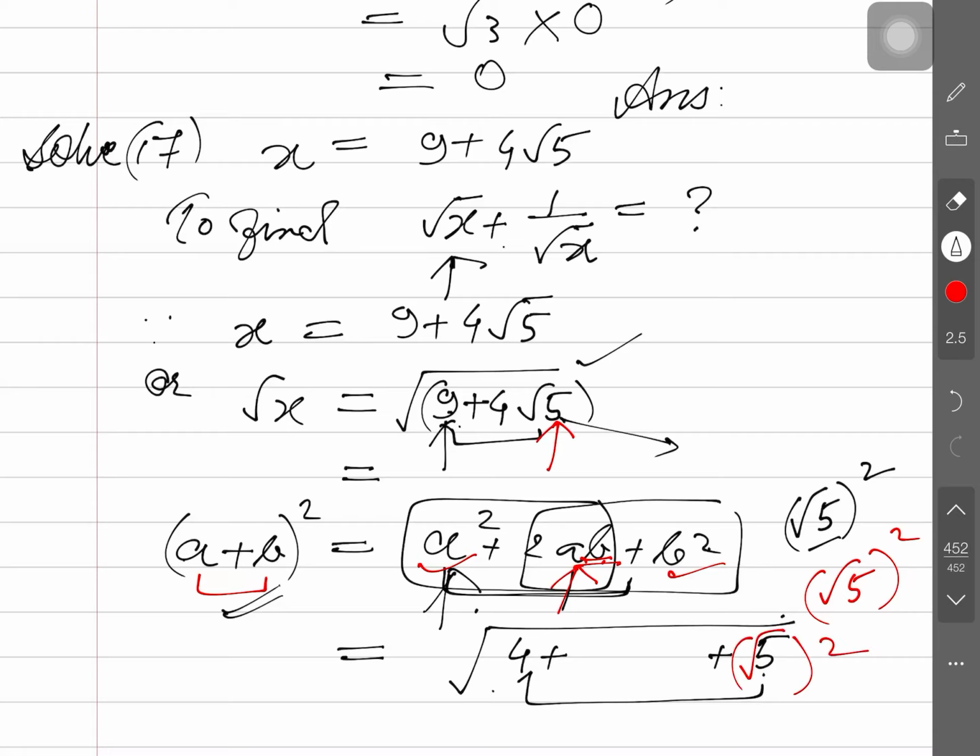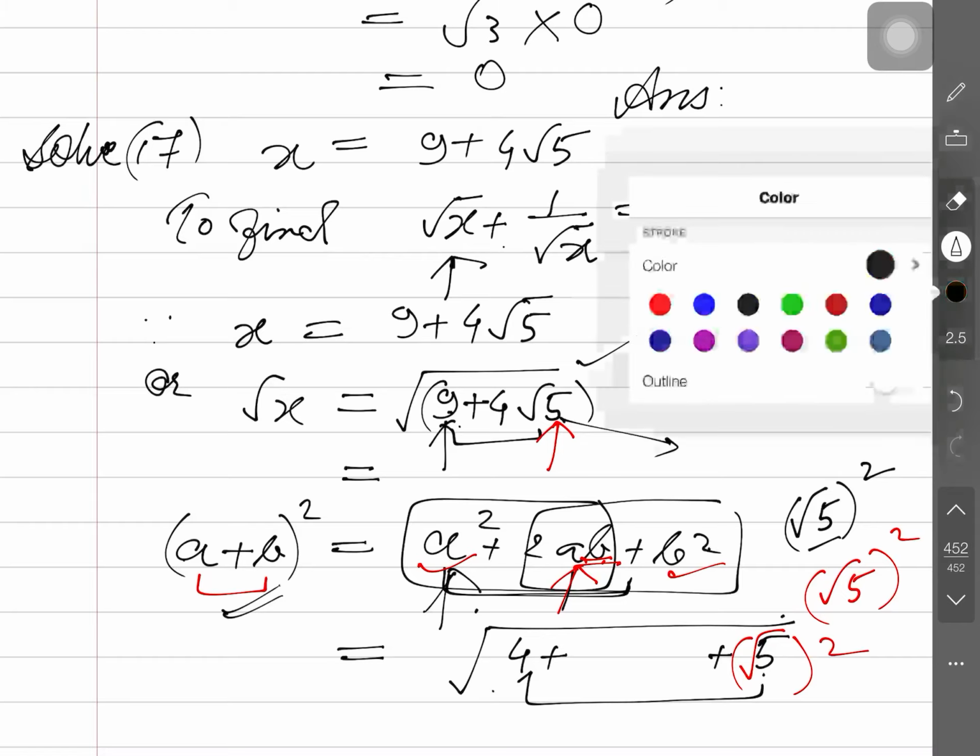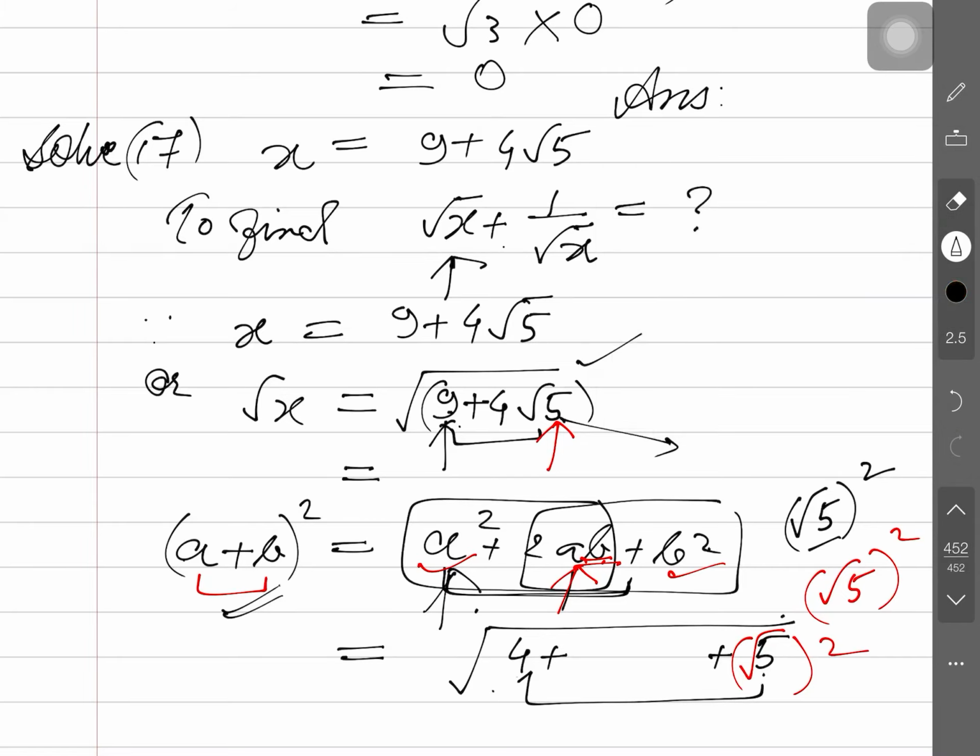So the first term can be written as 2 whole square. Clear? So a square plus b square plus 2ab. Is that clear now? See the middle term, what is that? The middle term is 2 twos are 4 root 5.